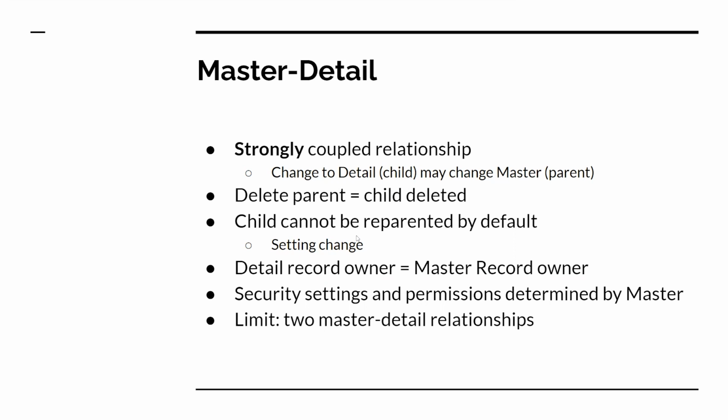One of the other things: there are standard fields on all objects, and one of them is who owns the record, except for details, where the owner ID field doesn't actually exist because the detail inherits its ownership from the master.